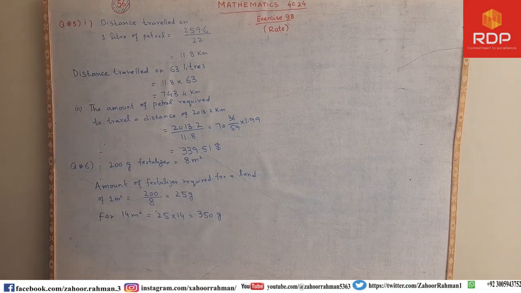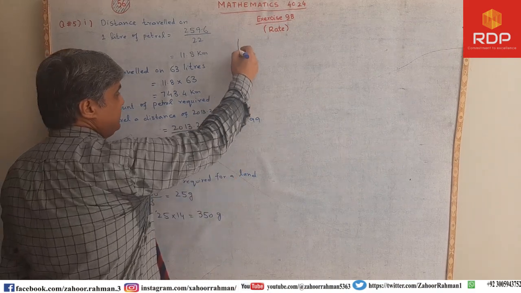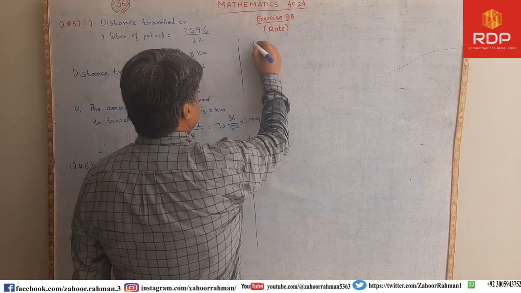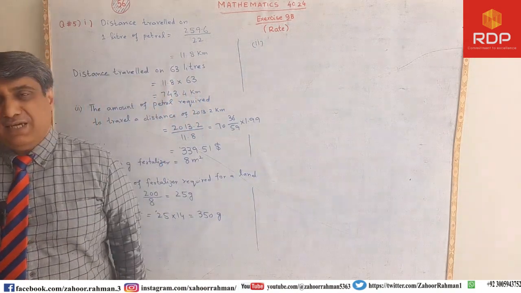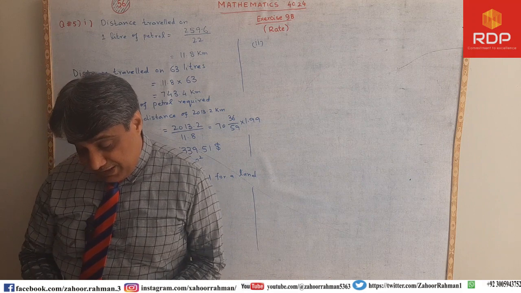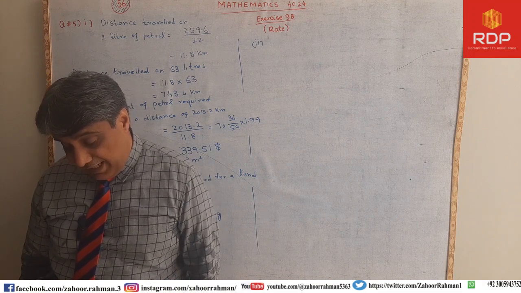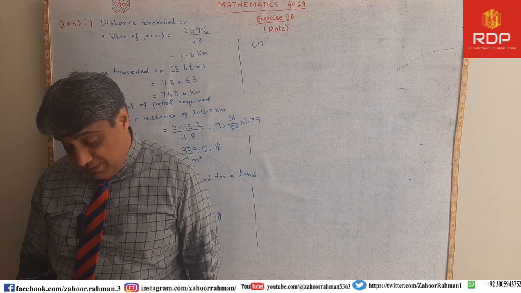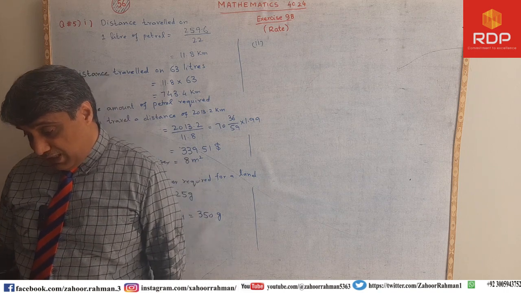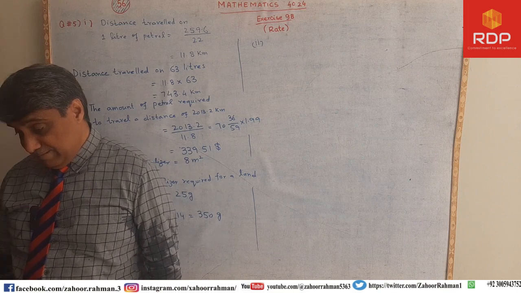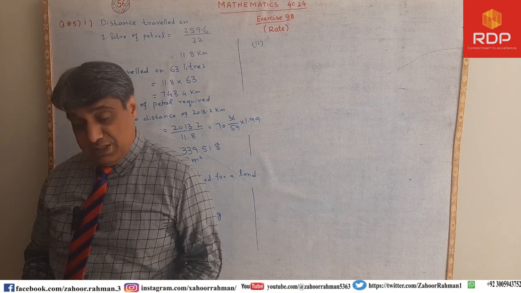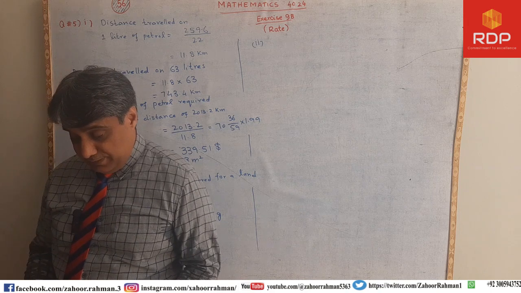That was the whole story about the first part. Now we have to do the second part. In the second part, they are telling us the area of land that can be fertilized by 450 gram of fertilizer. So we have to divide 450 by 25.